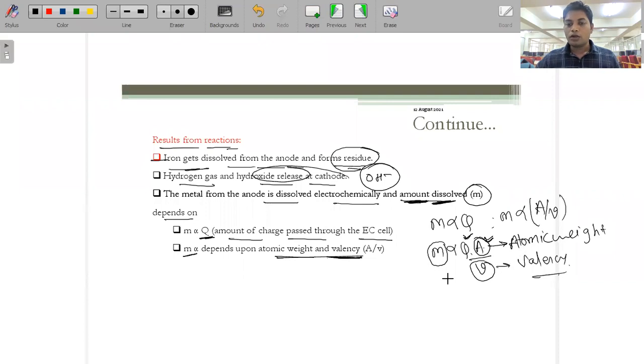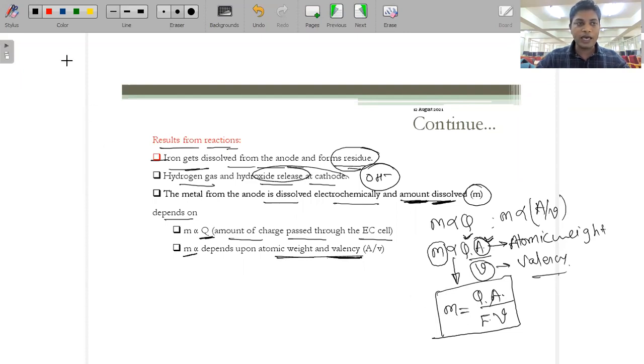Now if you remove this proportionality sign, then m equals Q into A upon F into V. We are taking the proportionality constant as 1 by F, and F is nothing but the Faraday's constant.